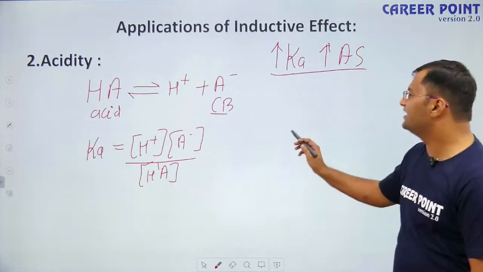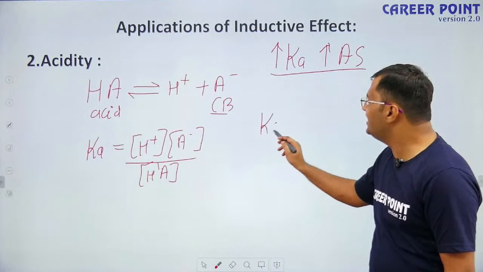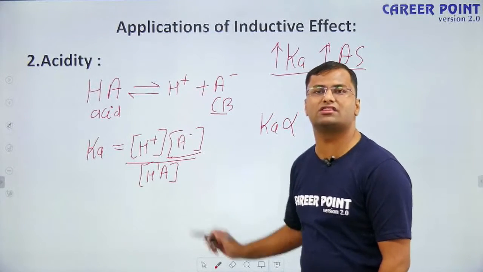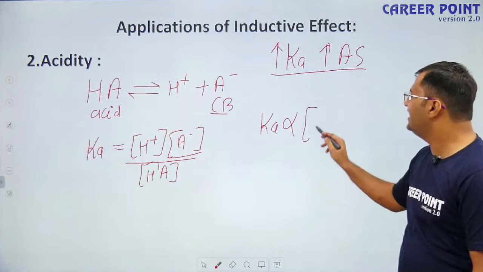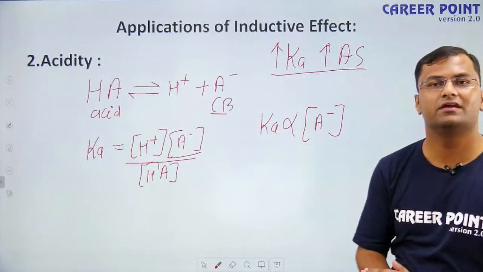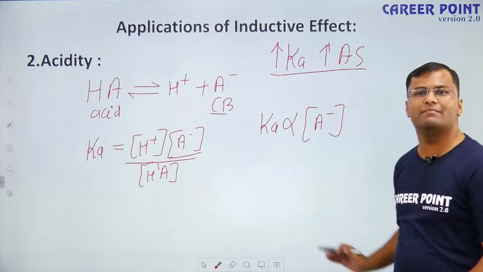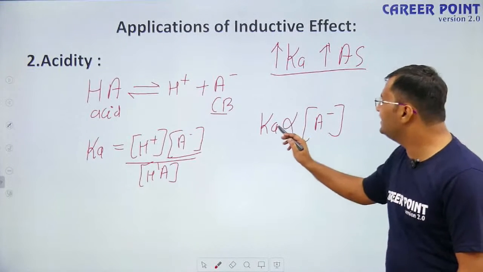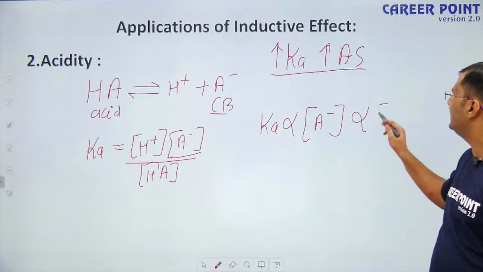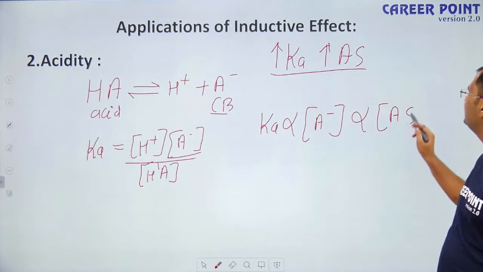Now, here Ka is directly proportional to the concentration of A minus, and so directly proportional to acidic strength.